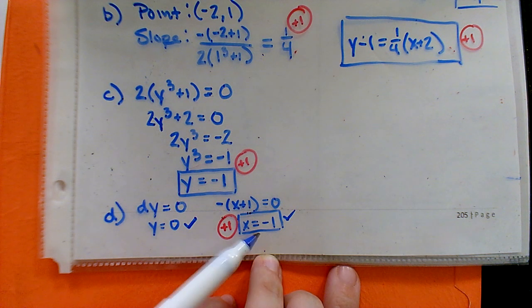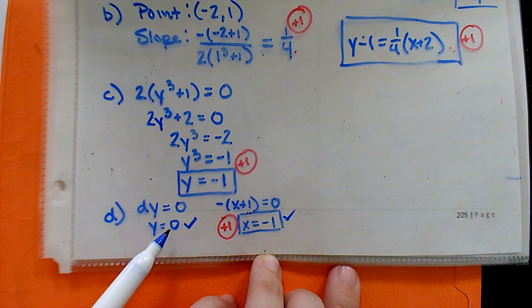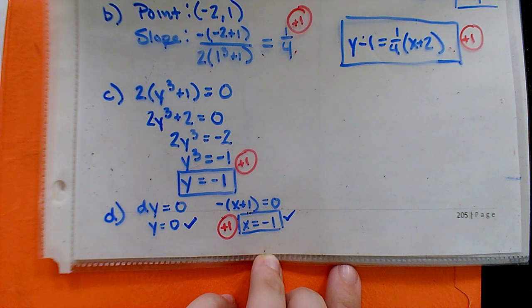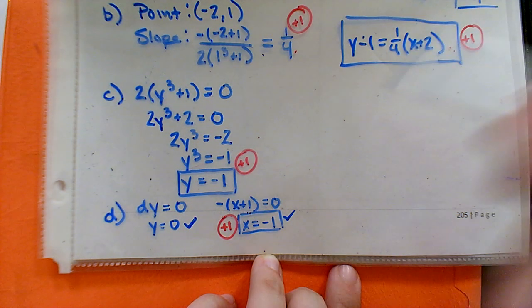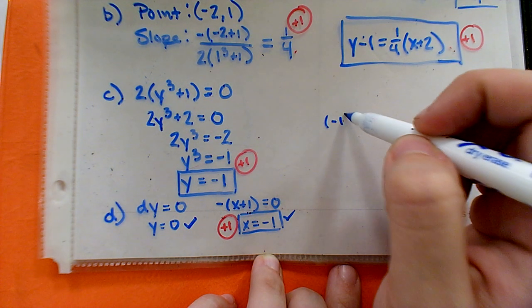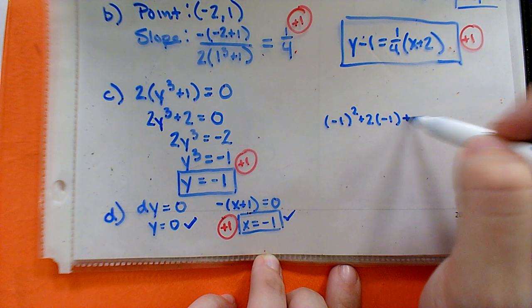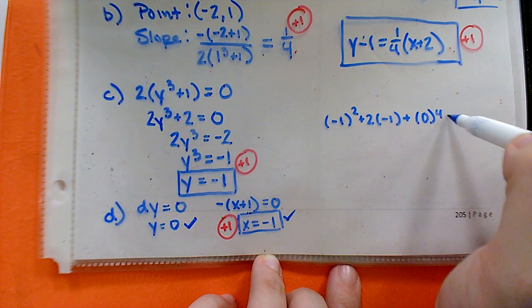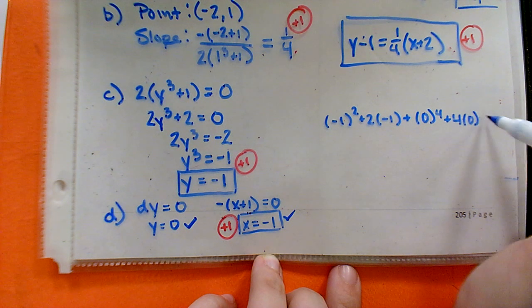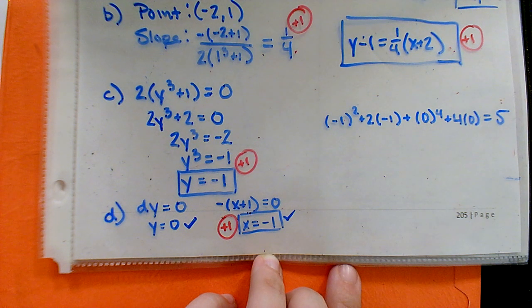Something else you could do is we could plug in -1 for all the x's and 0 for all the y's and see if we get a true statement. For instance, if you take a look at the top, if you plug in -1 for all of your x's and 0 for all of your y's, does it actually equal 5?